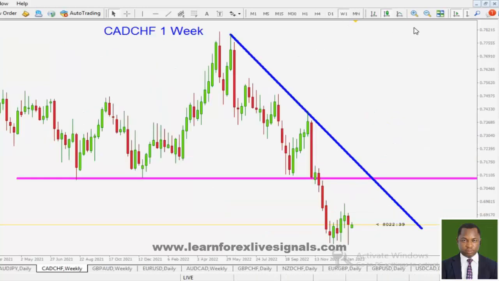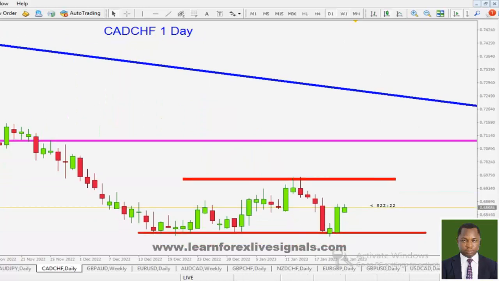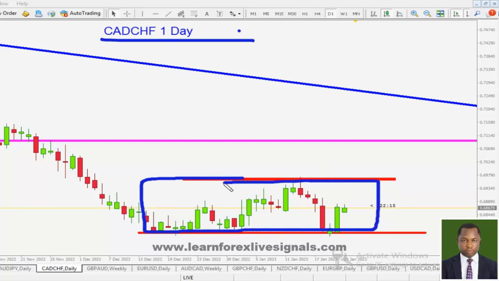If you see the weekly time frame, last week's candle was a rejection bar of that level of support. But with this congestion, anything can happen. There is no clear direction yet on the Canadian dollar against the Swiss franc, and so we just want to wait for price to move out of this range that we are seeing in the daily time frame.